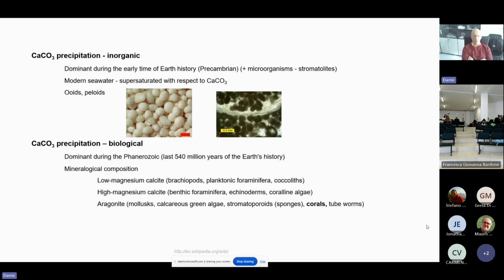Low magnesium calcite is produced by brachiopods, planktonic foraminifera, and coccolithophores, while high magnesium calcite is the result of the metabolism of benthic foraminifera, echinoderms, and coralline algae. However, aragonite also precipitates as a result of mollusks, green algae, sponges, and corals, of course.